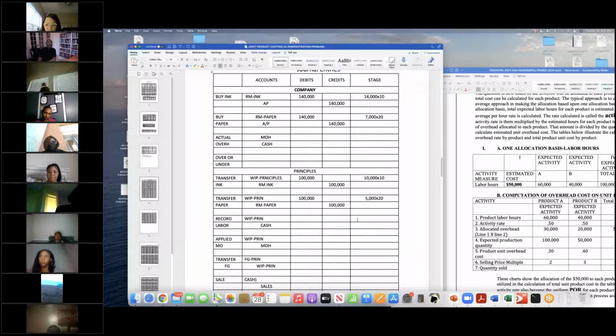We simply have 1,000 times 25. How much is that going to be? 25,000. Then we're going to apply the overhead. When we apply that overhead, we use the same 1,000 times what?